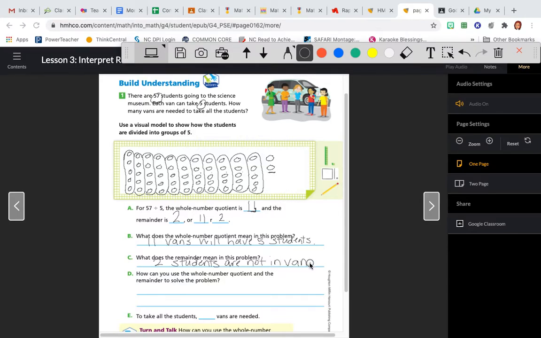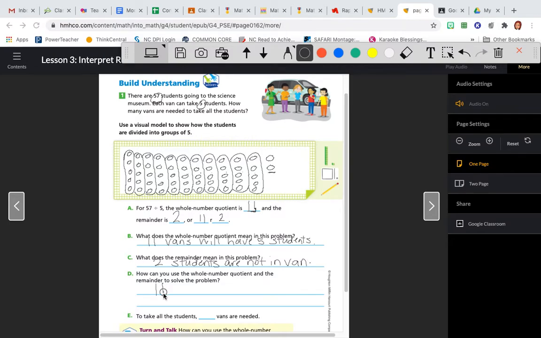How can we use the whole number quotient and the remainder to solve this problem? All right, so we can look at this and say, in order to get all the students to the Science Museum, I'm going to need another van.